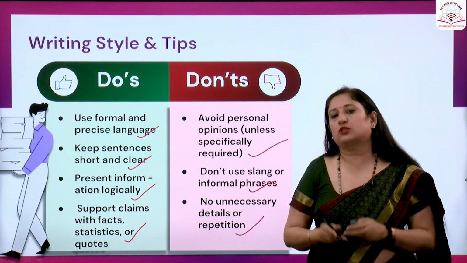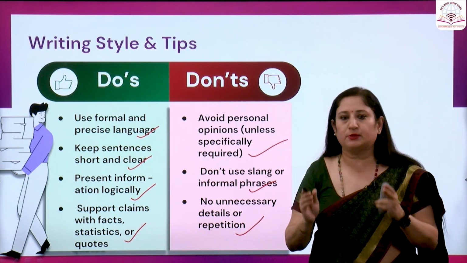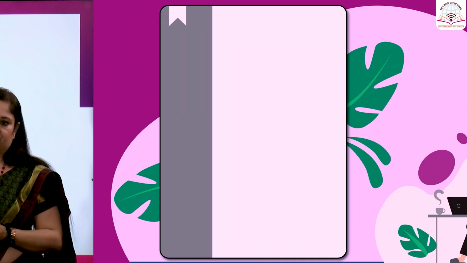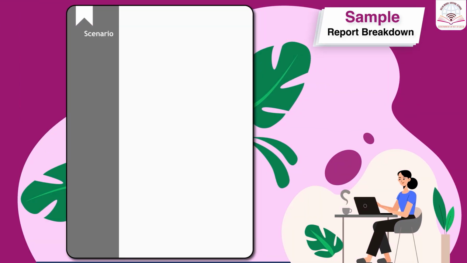It's time for us to have a look at a sample report now. Here is a scenario in front of you. You conducted a survey on students' preferred study methods. You have to write a report on that survey. I will guide you how you have to write your report step by step.